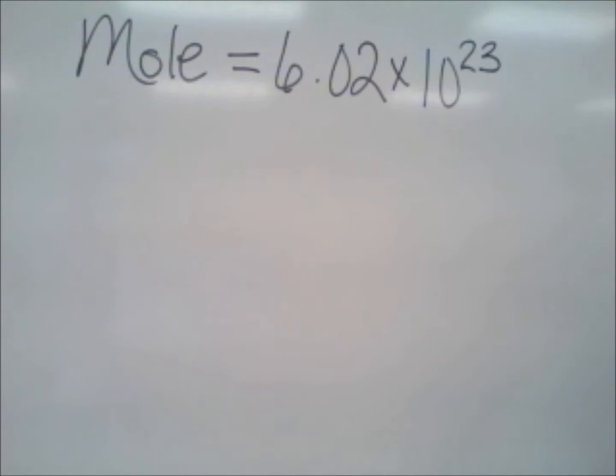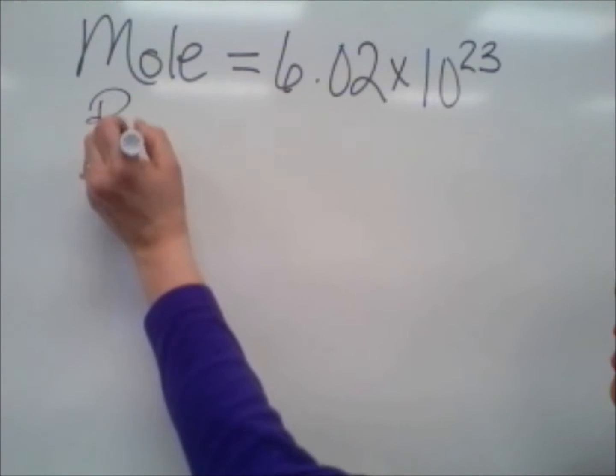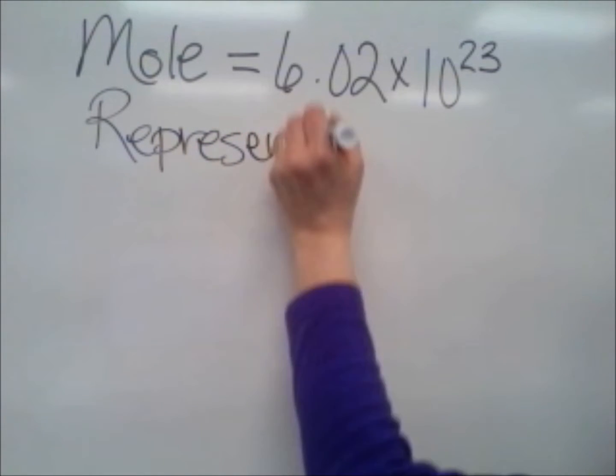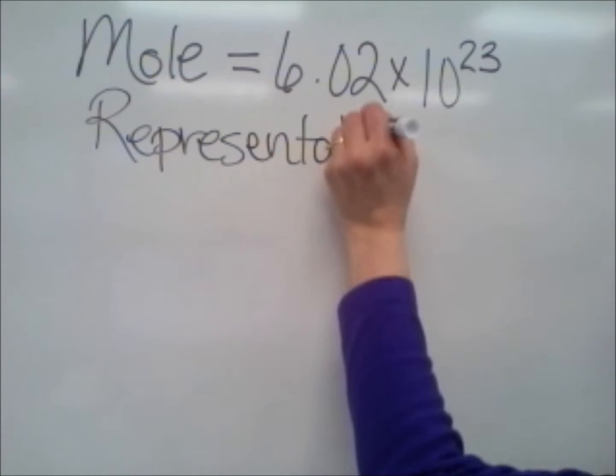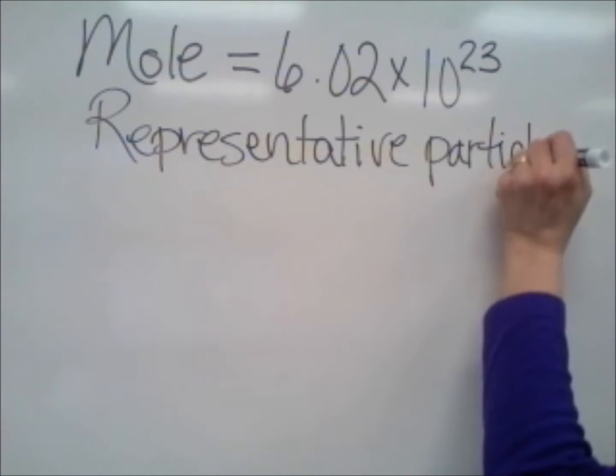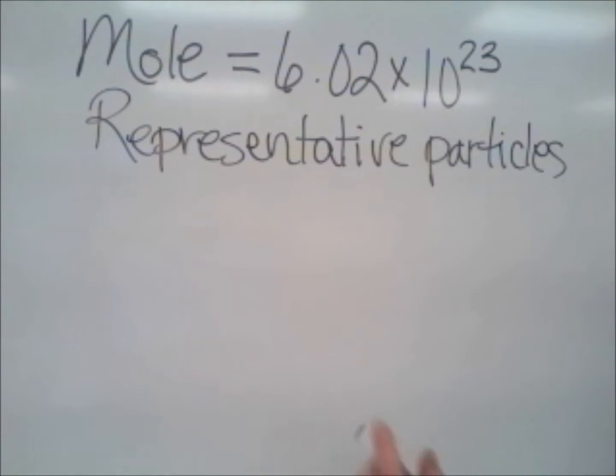What are we going to use 6.02 times 10 to the 23rd of? Well, in chemistry, we often are counting what we call representative particles.